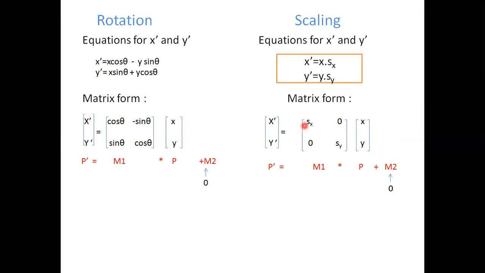So what happens to this? x dash is equal to sx into x plus 0 into y. So 0 into y will be nothing, so x into sx. And y dash is 0 into x plus sy into y, that is y into sy.